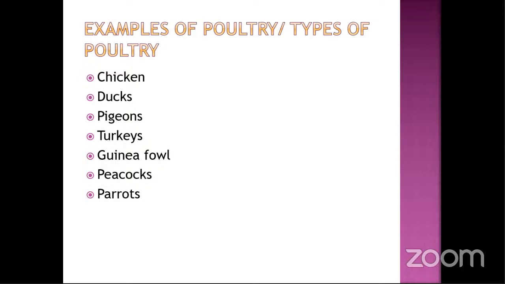When we ask for types of chicken, it means you have to give the broilers, the layers, and the dual purpose. But if we say types of poultry or examples of poultry, you just list these ones, because poultry refers to all kinds of domestic birds. As long as it is a bird kept at home, it is referred to as poultry, as simple as that.